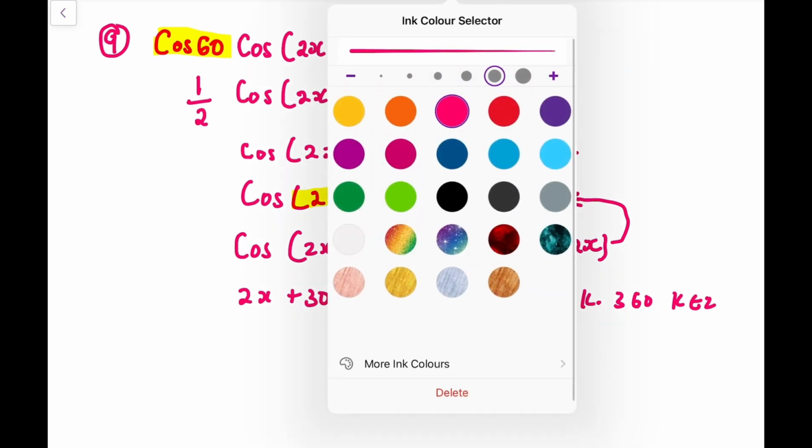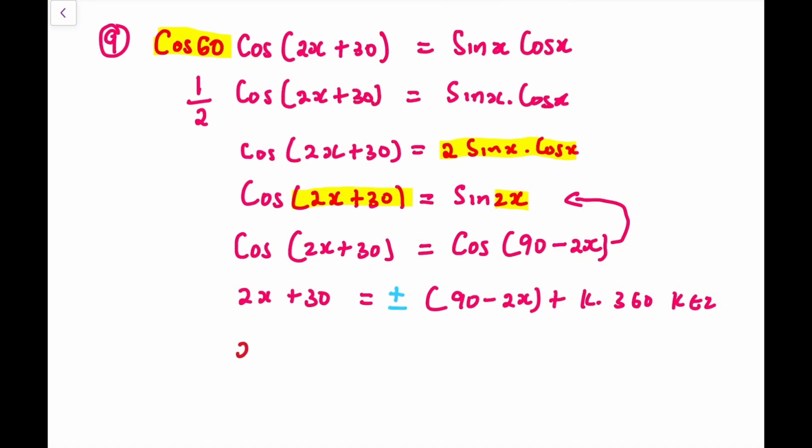So we will start with positive. So we will have 2x plus 30 is equal to 90 minus 2x plus k multiplied by 360, where k is an element of integers. Take 2x to the left.